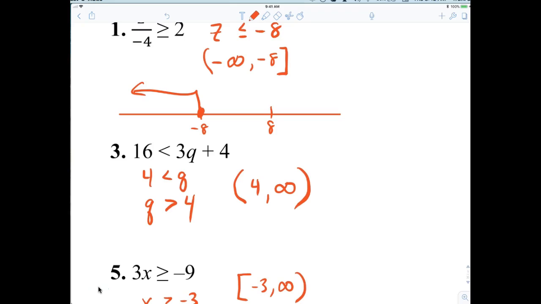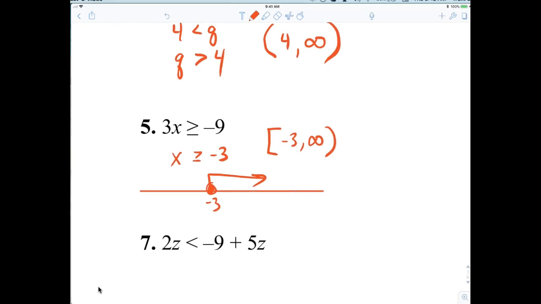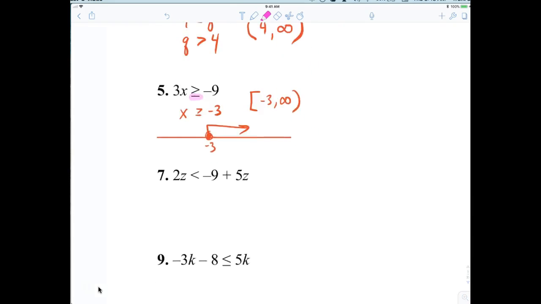Because you read numbers from left to right. Get that? It'll save you a whole bunch of problems if you remember that. Read left to right, for all of your answers. Yes. The bracket has nothing to do with negatives. The bracket has to do with whether it's equal to or not. All right? So here we go.